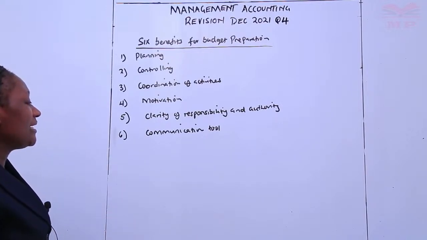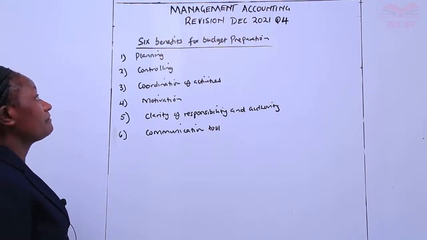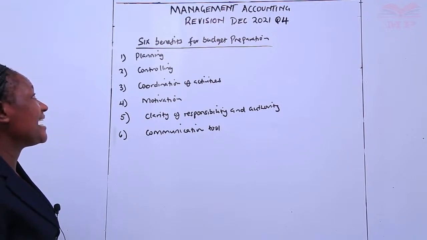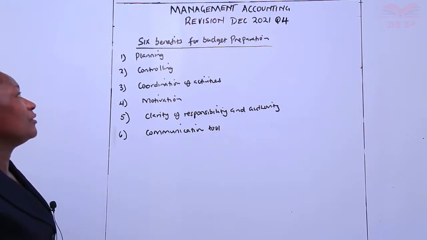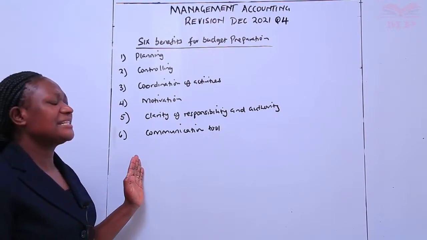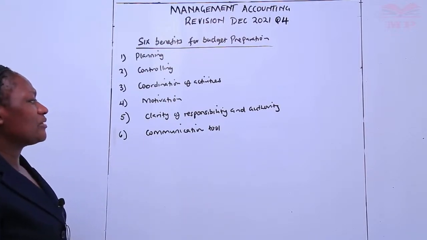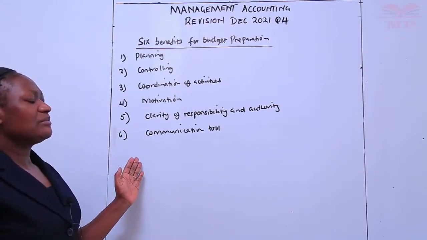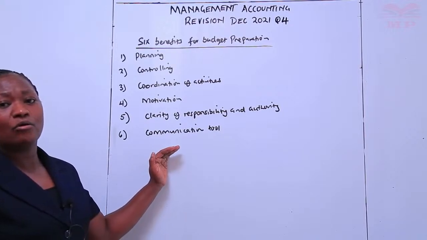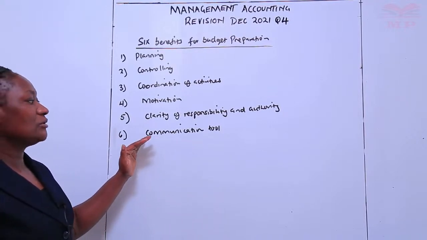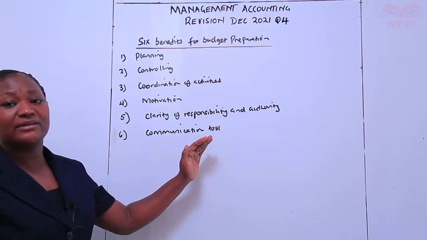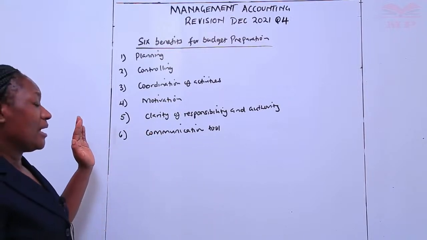Number 6, communication tool. A budget can act as a communication tool, and therefore it has a benefit of acting as a communication tool. The budgeting process involves communication. We have liaison of one department with the other, and that's done through communication.